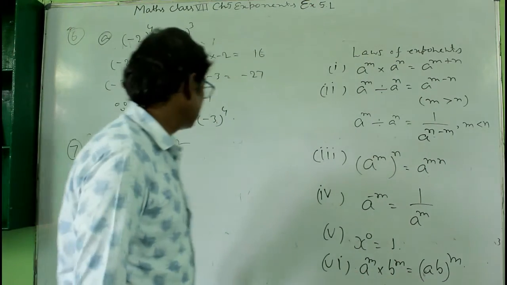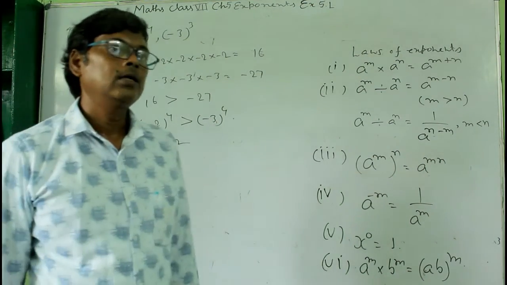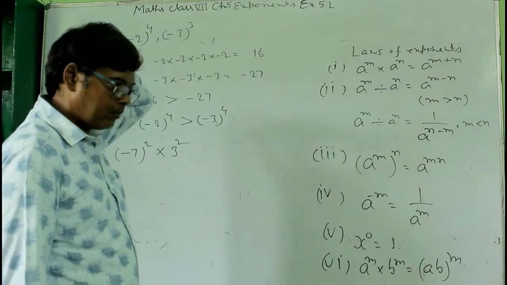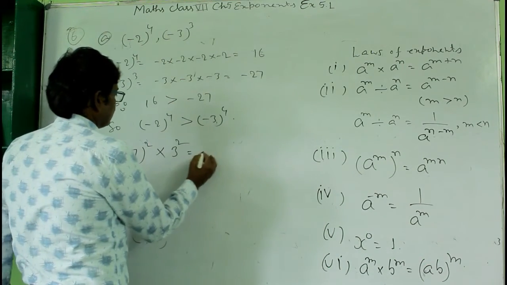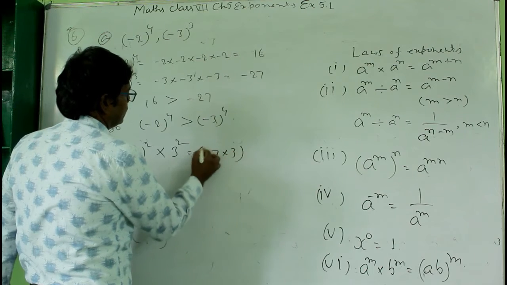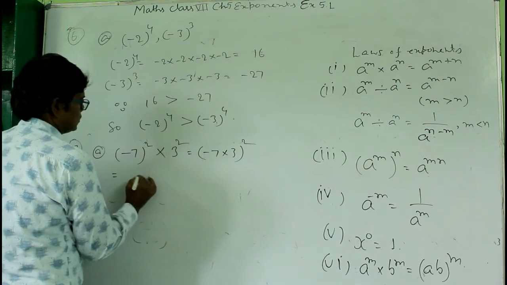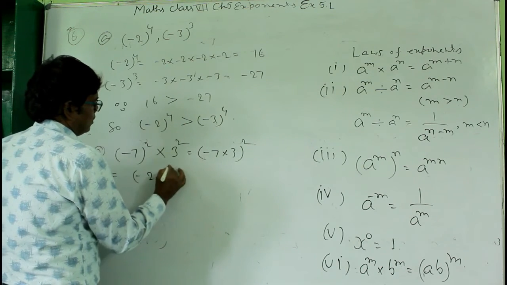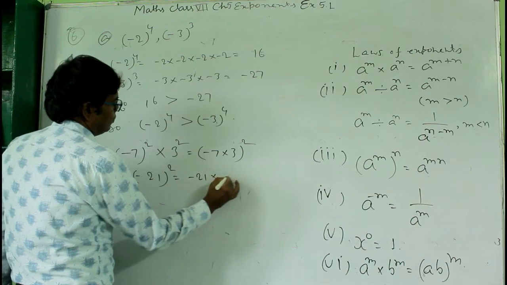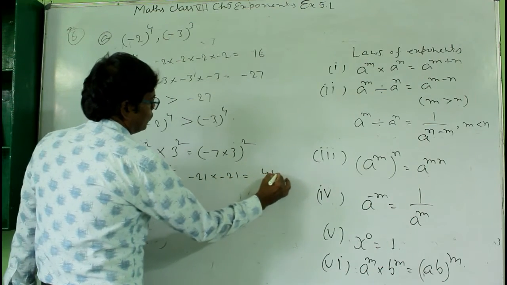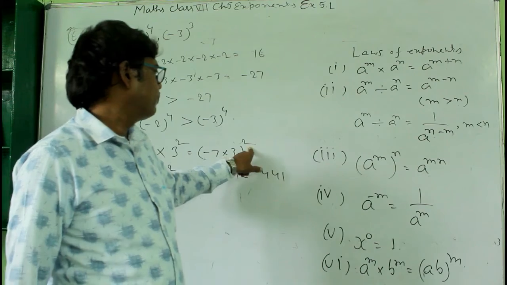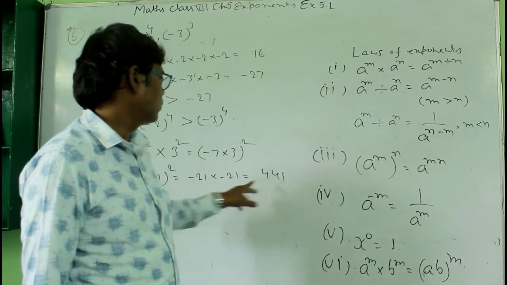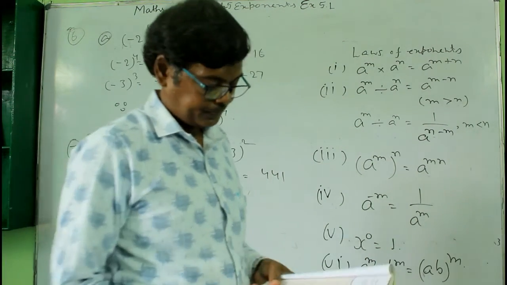The bases are different, but the exponents are the same here. So it will be equal to minus 7 into 3 to the power 2, that is minus 21 to the power 2. Minus 21 into minus 21 equals 441. Again, the power is an even number, so the answer will be positive.